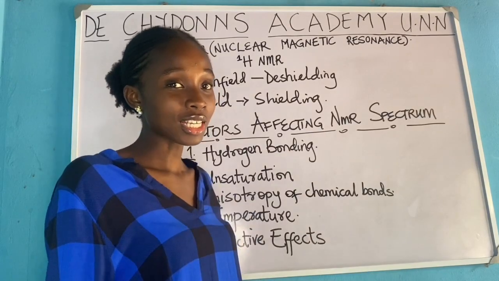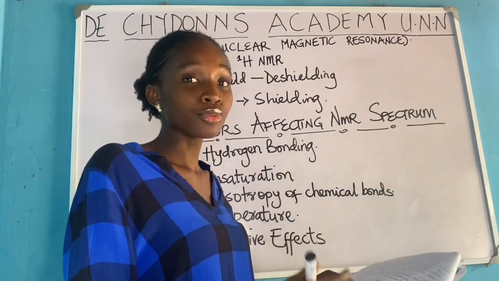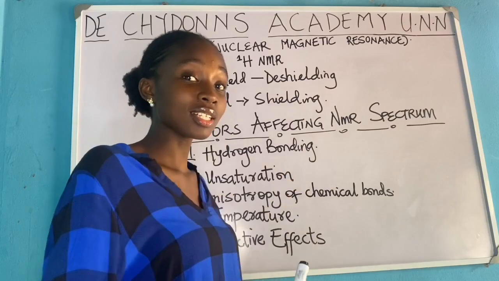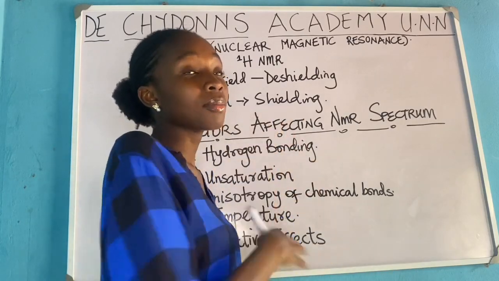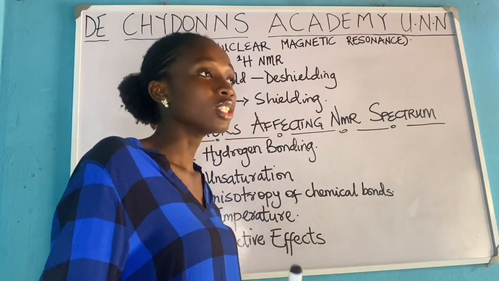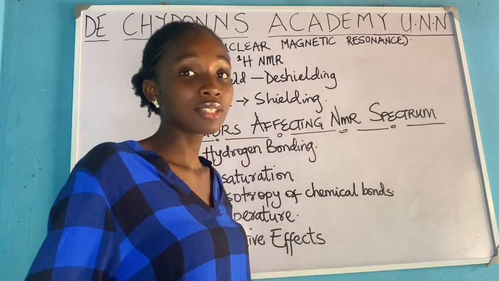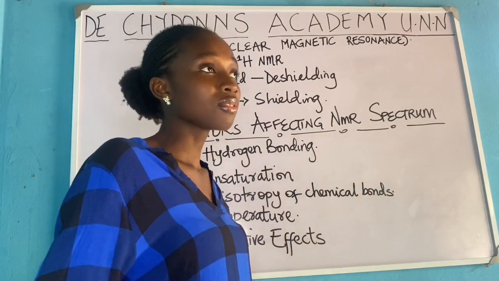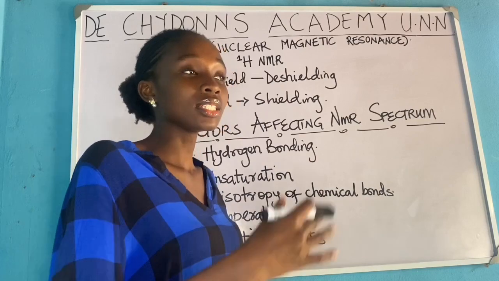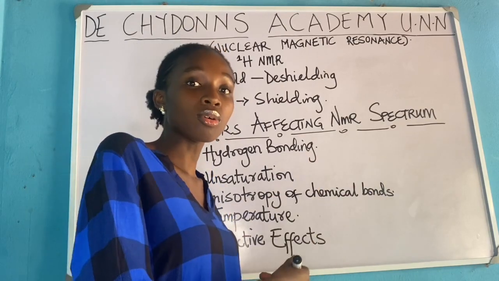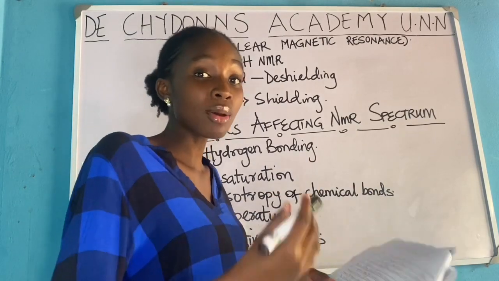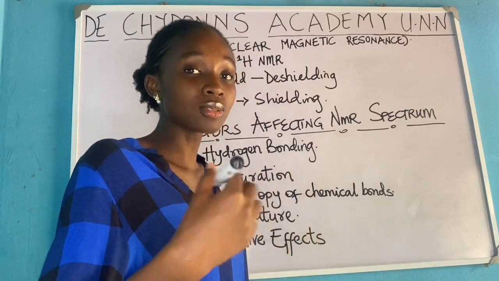Just like we said, after you have introduced your sample, which is mixed with your TMS, your internal standard, into your NMR setup, you need to introduce your magnetic field or frequency. This magnetic field will help shield the electrons, and your target is the protons.